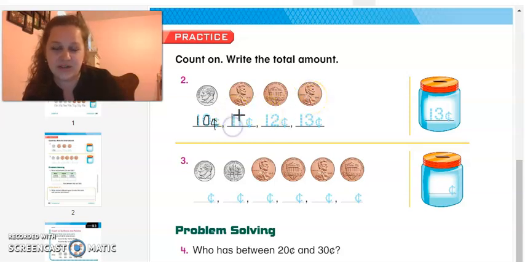So I'm going to trace all these, 10, then 1 penny would make this 11 cents, another penny would make this 12 cents, and another penny would make this 13 cents. So in all, in my piggy bank, I can drop in my 13 cents.